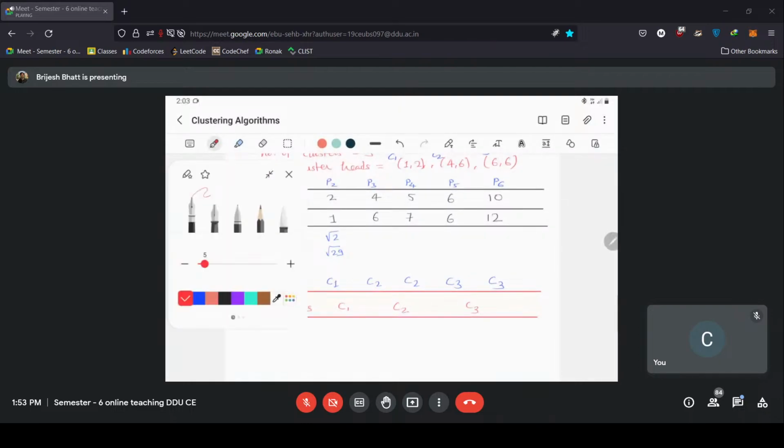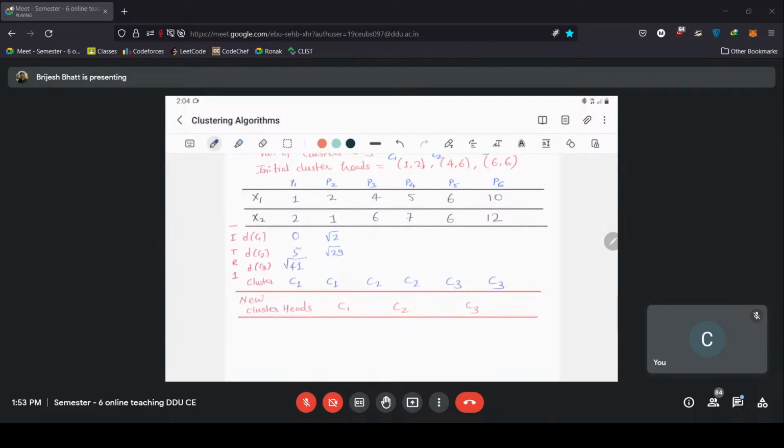C1 has 2 points, P1 and P2, that is (1, 2) and (2, 1).